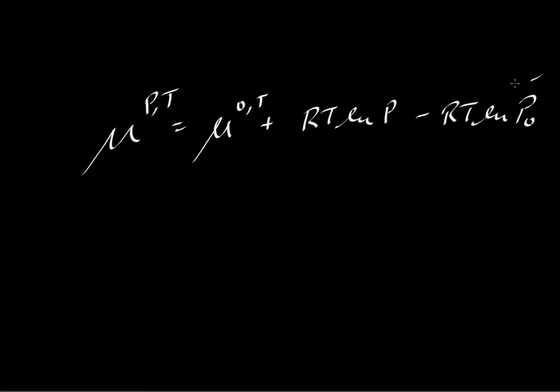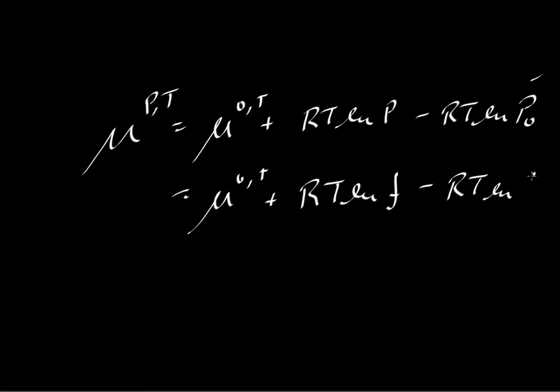So at 1 atmosphere, our system might not really be an ideal gas. So if it's not, then we can write this as RT ln F minus RT ln F naught. So F naught represents the 1 atmosphere case where we have deviances from an ideal gas, and then F is the case for the pressure of interest, where the system is still not acting like an ideal gas.